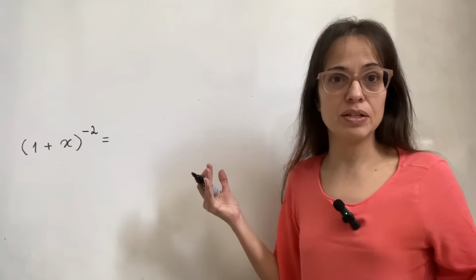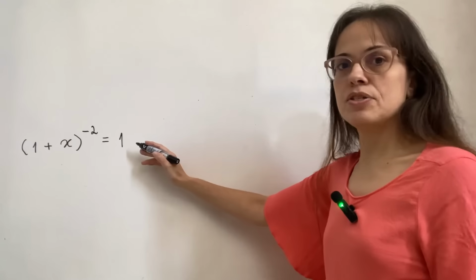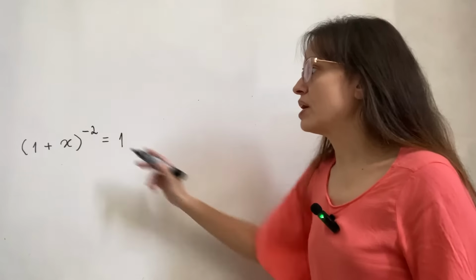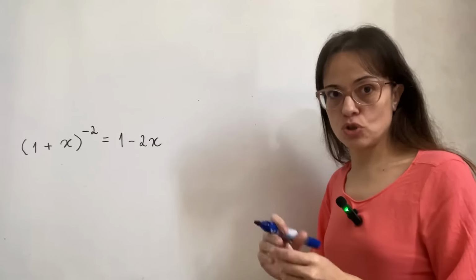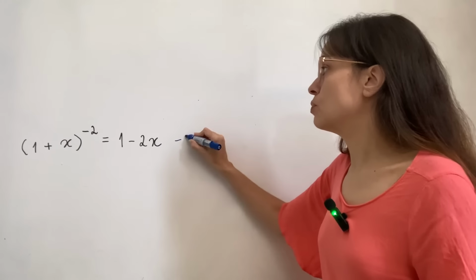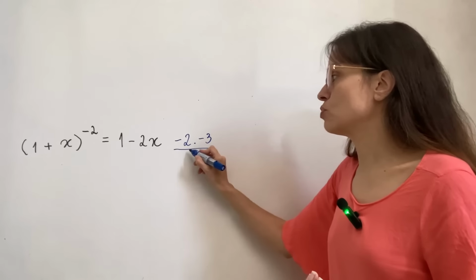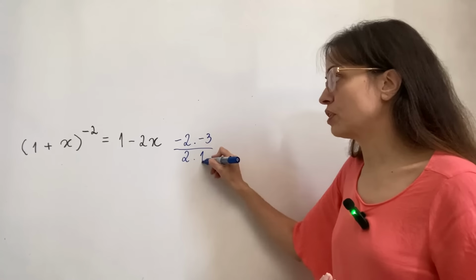So now instead of -1, we have -2. So we're going to start with 1, and then the next term is going to be minus 2x. And for the next term, which is going to get an x squared, the coefficient is going to be, well, minus 2 times minus 3, and that's 2 terms. So in the bottom, we have a 2 factorial.